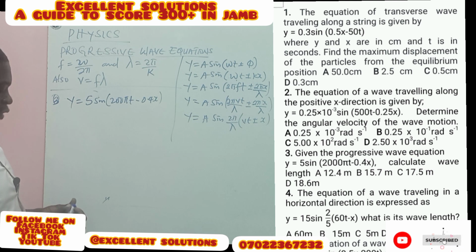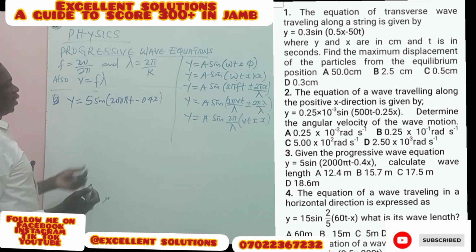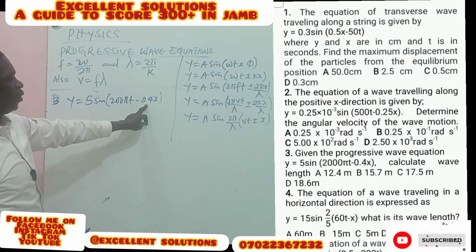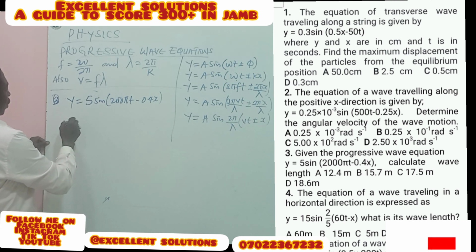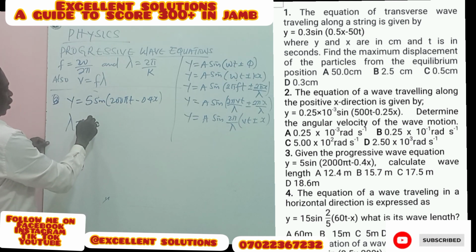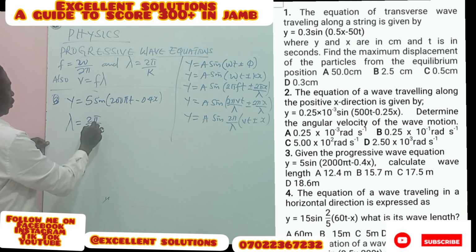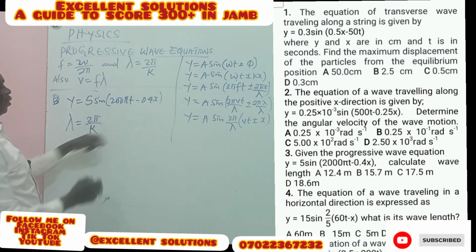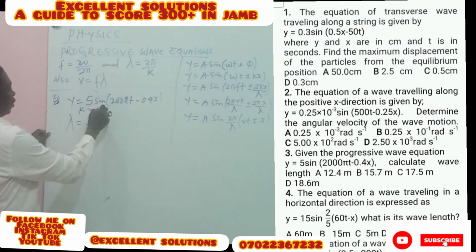Calculate the wavelength of the wave. So this one is also very simple. We know that our k is 0.4. So our wavelength, we have lambda equals 2 pi upon k. And our k is equal to 0.4.